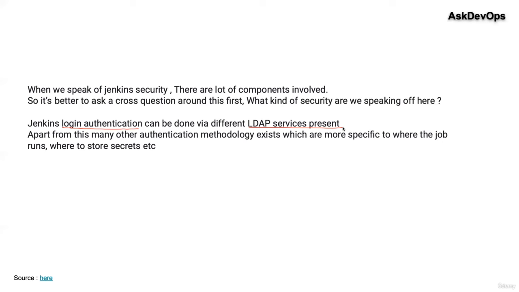But we understand that this is not feasible when we deploy this application in an organization where many people will use it. Hence, I would suggest integrating Jenkins with the different LDAP services present in an organization.